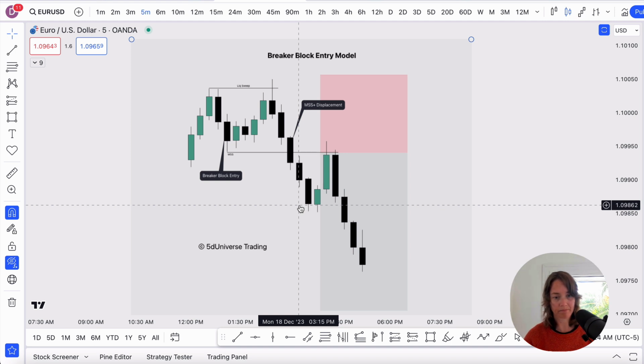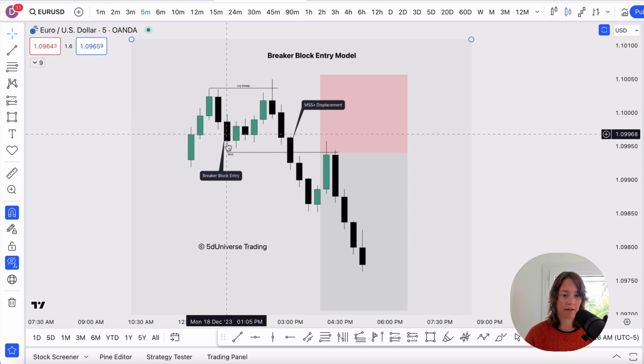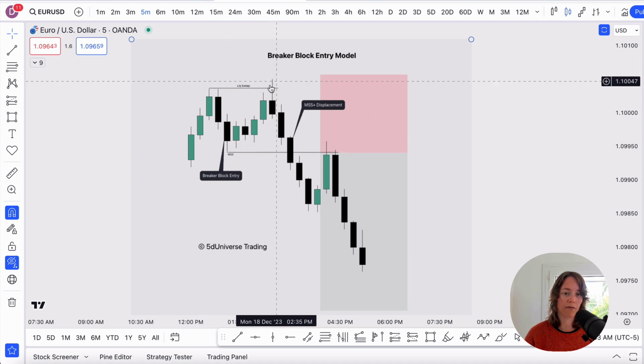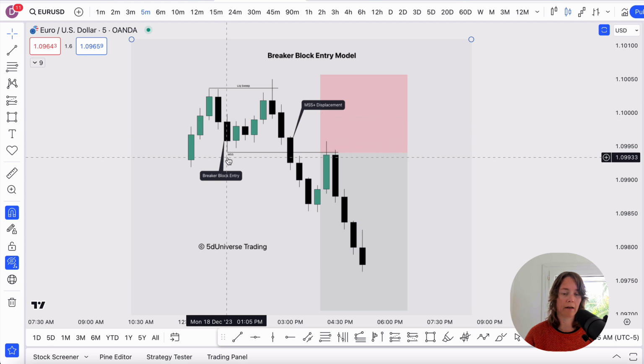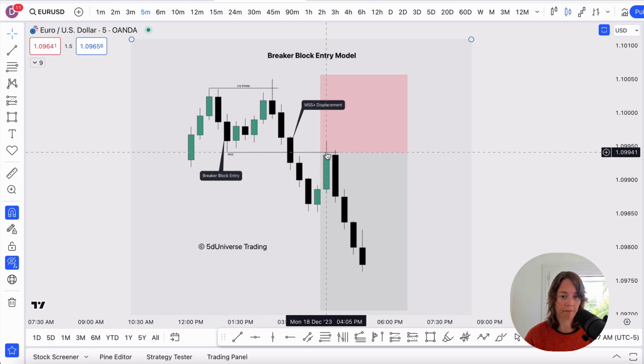It cannot be a liquidity grab below here, but it needs to displace below, really show it wants to go the other way. And that makes this final candle that took the liquidity over here, so the final down closing candle of the leg that took the liquidity, the actual breaker block. And with this, you get the entry on that block you want to enter over here.